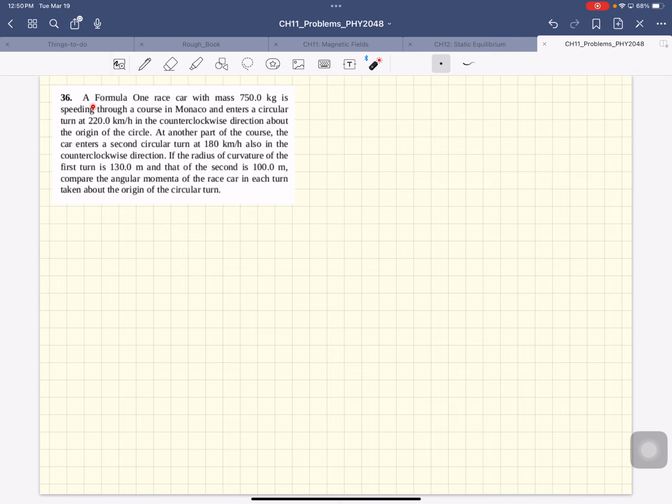So this problem says a Formula One race car with a mass of 750 kgs is speeding through a course in Monaco and enters a circular turn at 220 kilometers per hour. So we'll convert those to meters per second in a second. In the counterclockwise direction about the origin of the circle. So here's the curve.